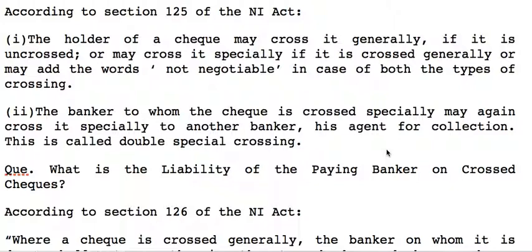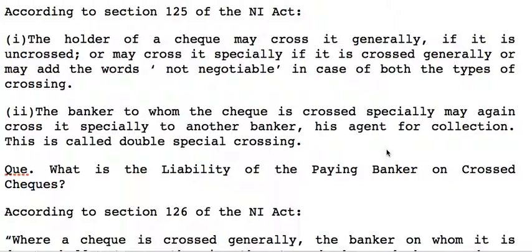Section 125 of the Negotiable Instruments Act says the holder of a check may cross it generally if it is uncrossed, or may cross it specially if it is crossed generally, or may add the words "not negotiable" in case of both types of crossing.